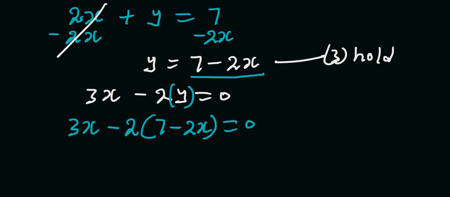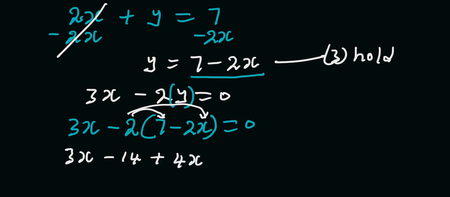2x is equal 0. So now let's distribute -2 into this and also into this. In other words, let's use -2 to multiply each of them. So when we do that, we're going to have 3x. -2 times 7 is -14. -2 times -2x is going to give us plus 4x equal 0.